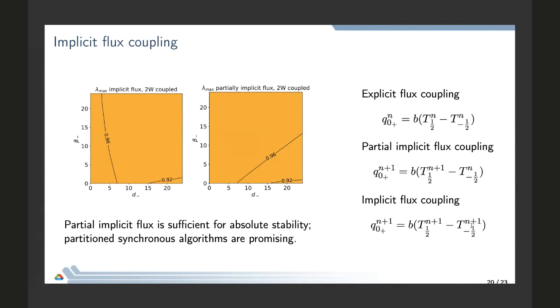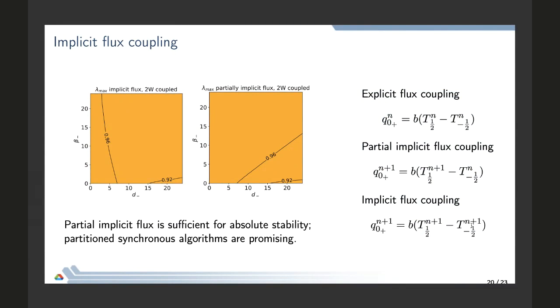Essentially, they can achieve unconditional stability. There are also some other approaches similar to the idea of implicit flux coupling. For example, the iterative Schwarz method does iterations, so essentially you're solving the fully coupled system.